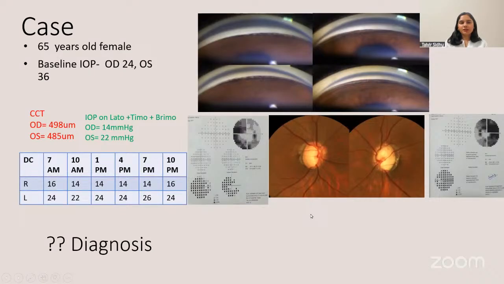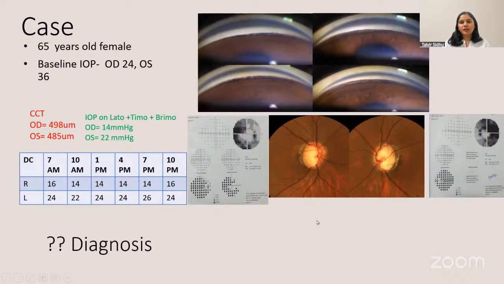It's a 65-year-old female whose baseline intraocular pressure in the right eye was 24 and the left eye was 36. And right now she is on 3 medications and her average intraocular pressure is coming out to be around 14 to 16 in the right eye and 22 to 26 in the left eye. And her corneal thickness is 498.